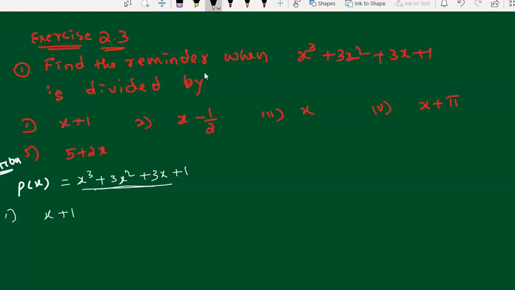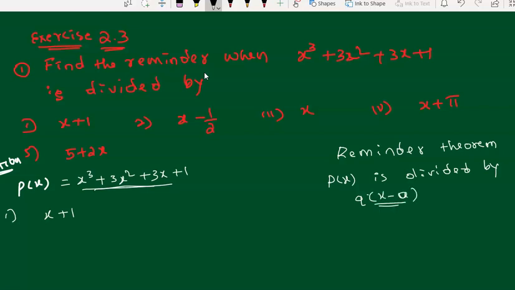So in order to find the remainder, we should use the remainder theorem. What does this remainder theorem say? Remainder theorem says, if a polynomial, let's say p of x, is divided by a polynomial of the kind x minus a, here x plus 1, a 1 degree polynomial, right?